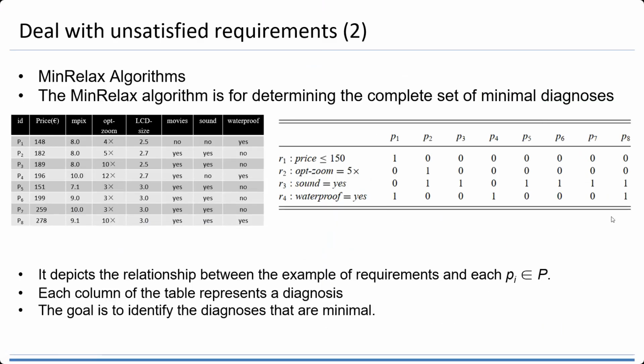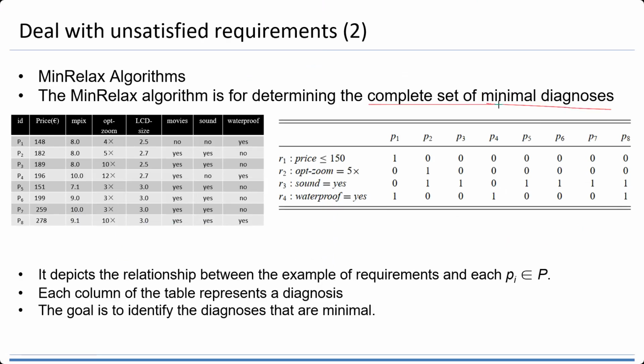There's another way to deal with the unsatisfied requirement. We call it the minimum relaxed algorithm. The minimum relaxed algorithm is used to determine the complete set of minimal diagnoses. What does it mean by minimal diagnosis?